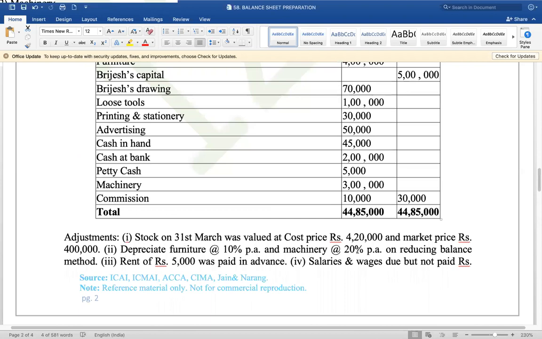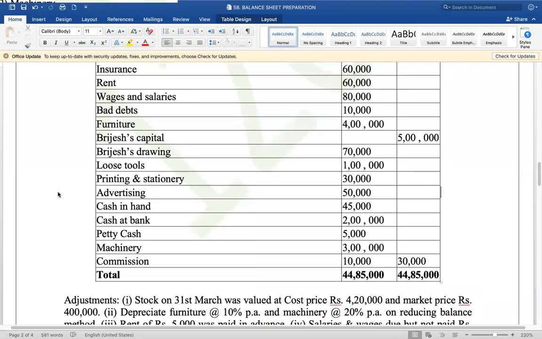Depreciation on furniture and machinery at 10% and 20% respectively. What's the value of furniture? The value of furniture is 4 lakhs, and the value of machinery is 3 lakhs. So on 3 lakhs, 20%.